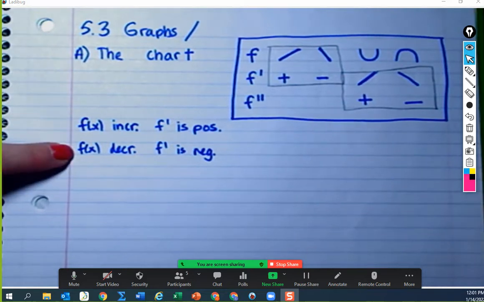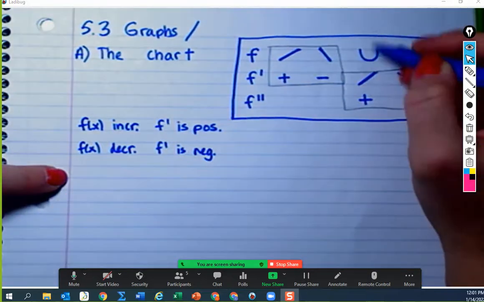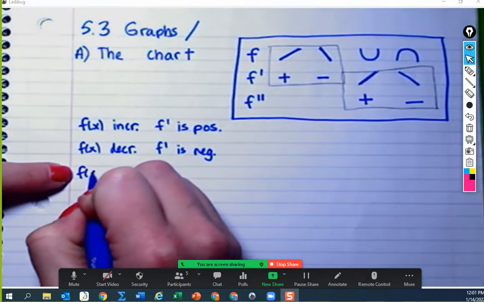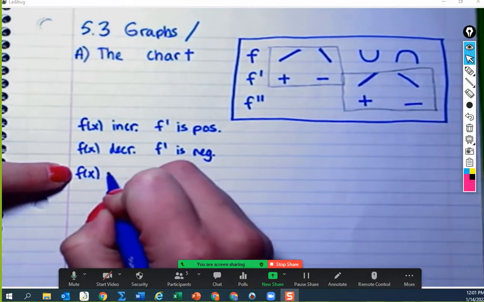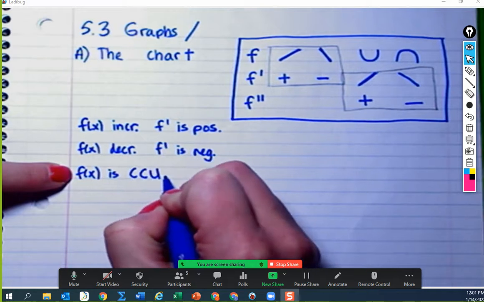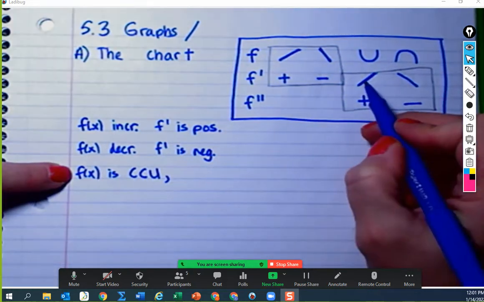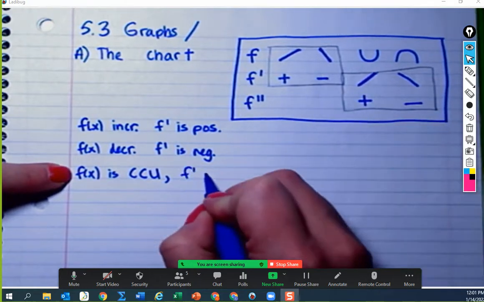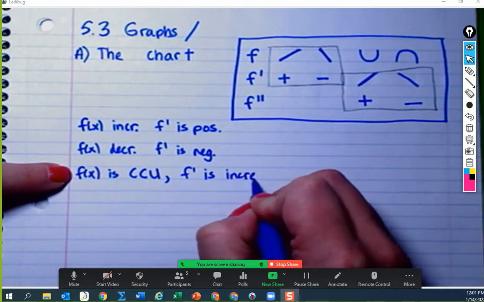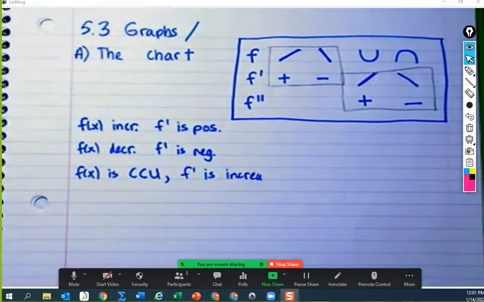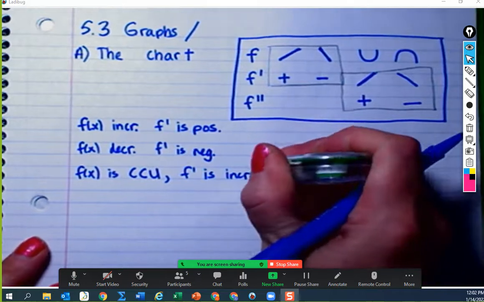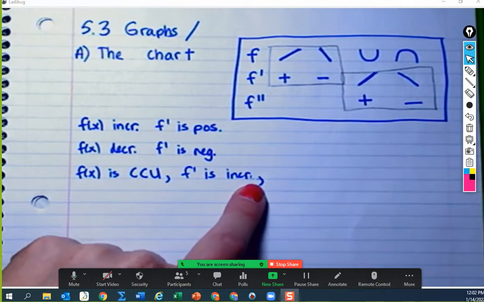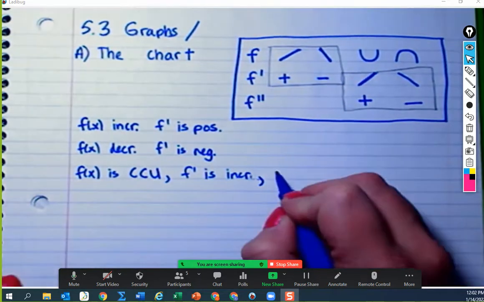So column 1, column 2, column 3. Okay, 1, 2, 3. Notice I have 3 things here. So f of x is concave up, comma. I'm going to go down one spot. F prime is increasing, comma. Keep going down the column.